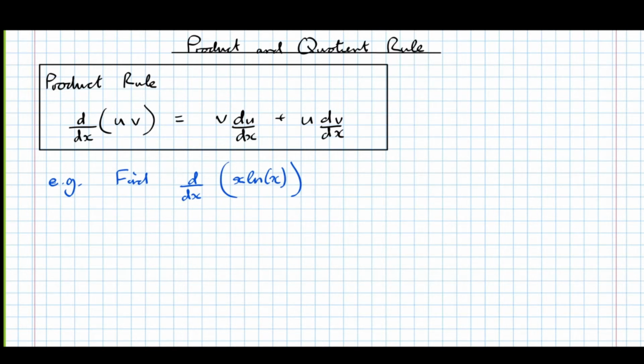So the first thing we've got to do, looking at the product rule here, we've got a product of two functions, u and v. So let u equal the first thing in the product. So let u equal x.